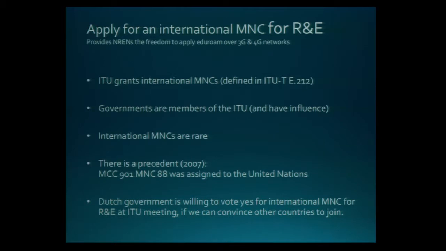But be careful, MNCs are rare. There are only 86 left worldwide. So the ITU is not going to give it to us when we don't ask for it, and we will have to knock on their door quite hard before they are convinced to give it to us.